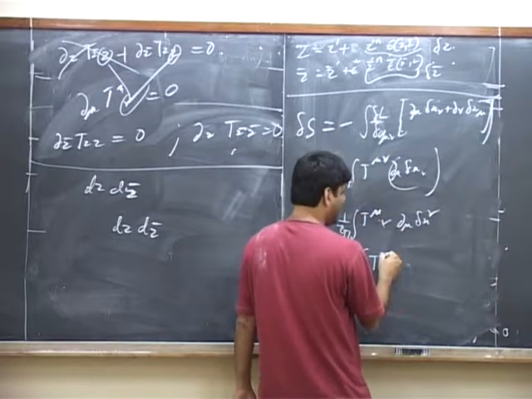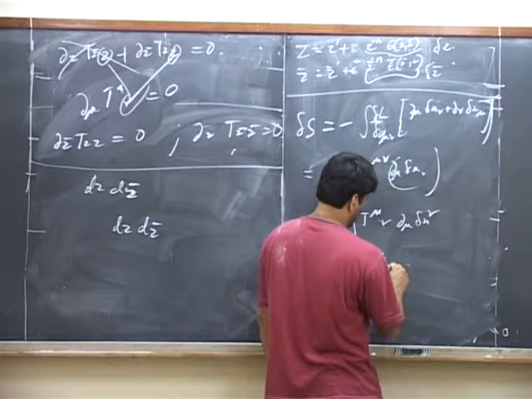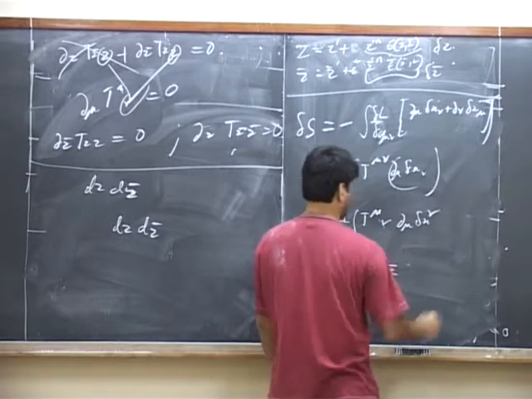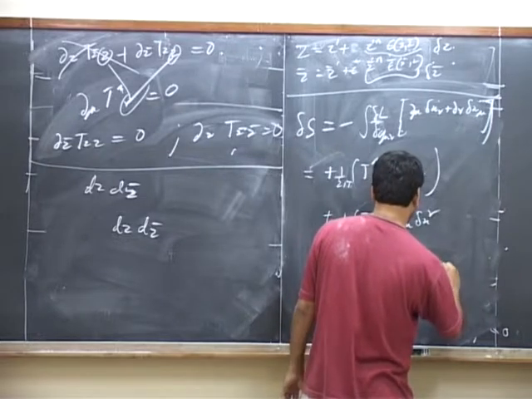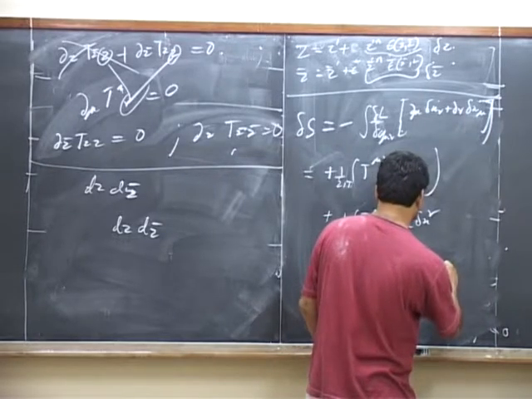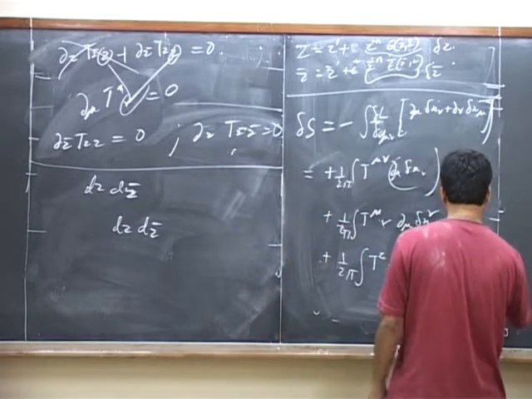If I put a z here, the only index I can have here is a z bar. So T z bar del z delta of z bar plus T z bar z.